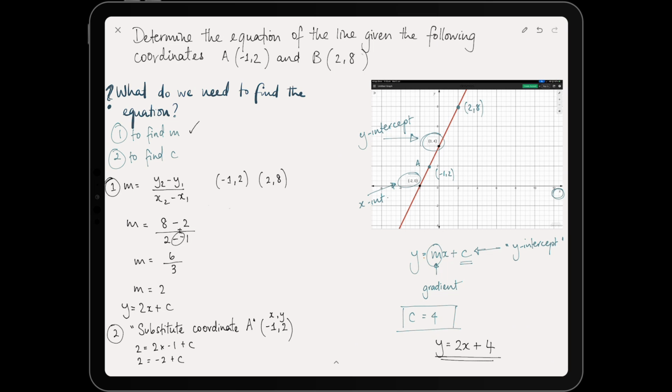Bringing that -2 over, I get 2 plus 2 equals c. I've just found that c equals 4, which matches what I've seen on my graph and what I worked out just following the general form. So c equals 4, m equals 2, and as a result, my equation is y equals 2x plus 4.